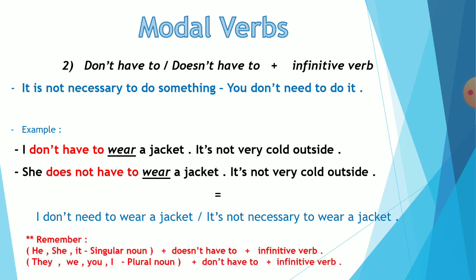And again, here we have to remember that we use doesn't have to when the subject is he, she, or it, or one of the singular nouns, and we use don't have to when the subject is they, we, you, I, or one of the plural nouns.